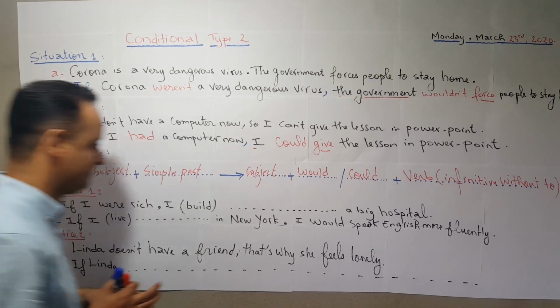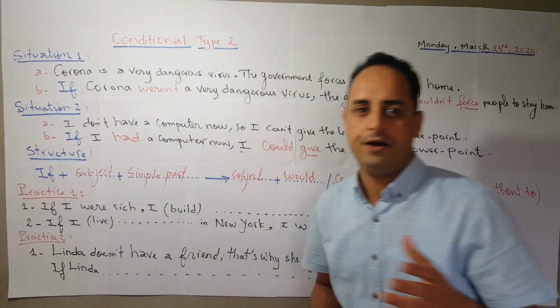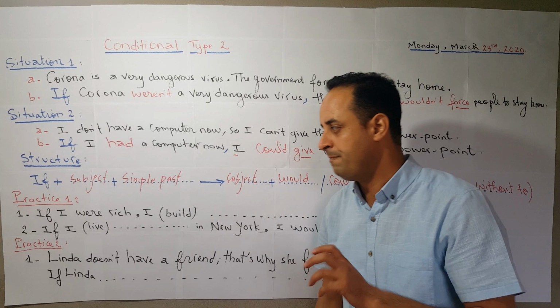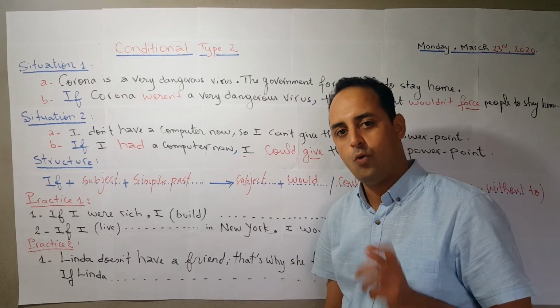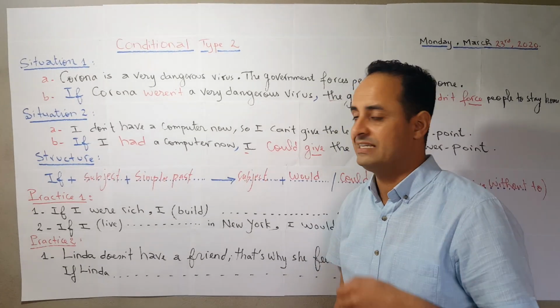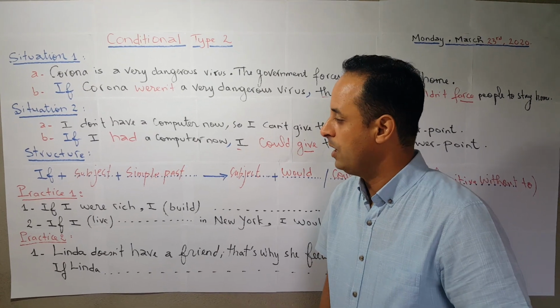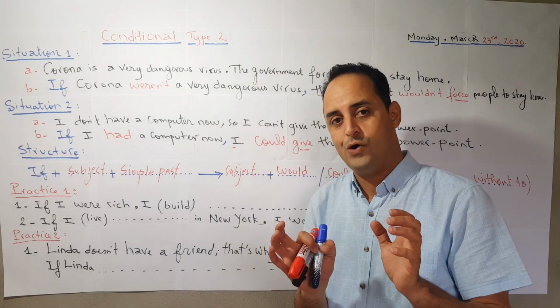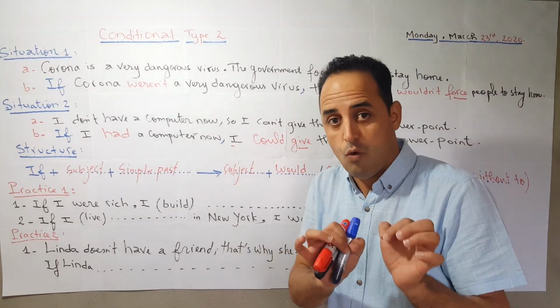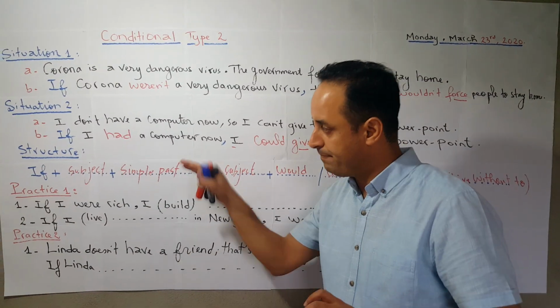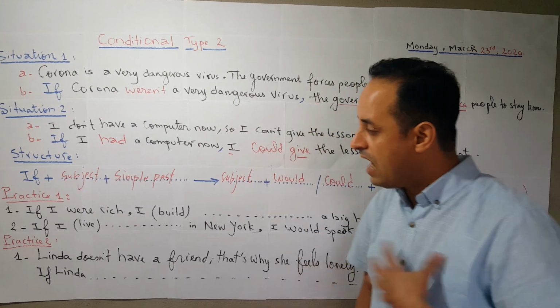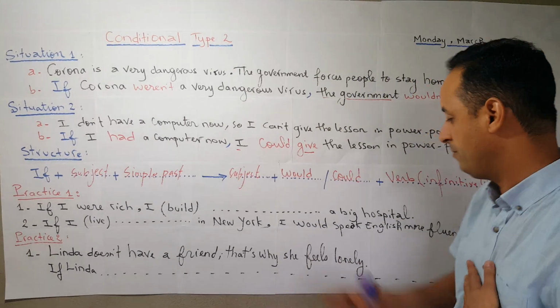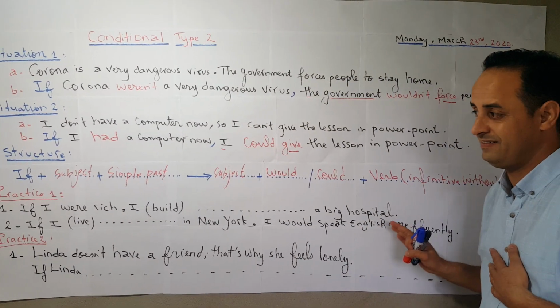The first practice. For baccalaureate students, these are some of the ways you are going to be tested on this lesson in the national exam. The first case, the question says, put the verb between brackets into correct form. So please, let's apply the structure. If I were rich, I built a big hospital.